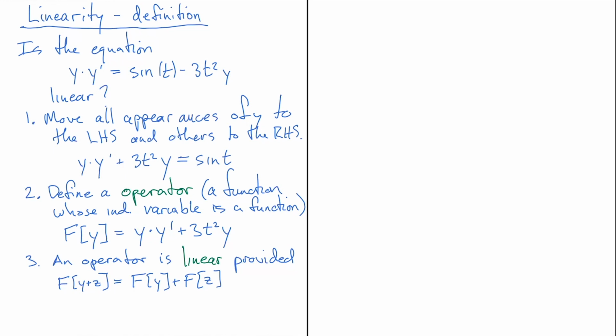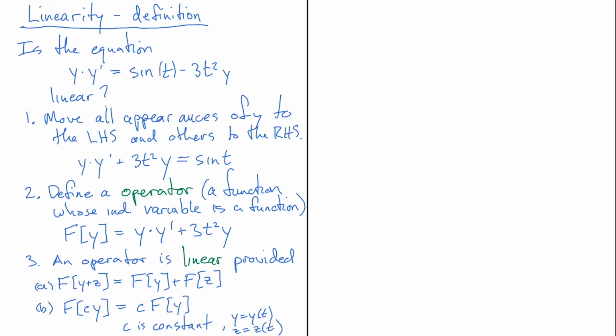And so that's one condition. I'll call that condition A. And condition B is that if I plug in some constant number c multiplied by function y, that gives me the exact same output as c times F with y plugged into it. And c is constant, meaning constant with respect to t, and y and z are functions of t. But for simplicity of notation, I've just suppressed the of t.